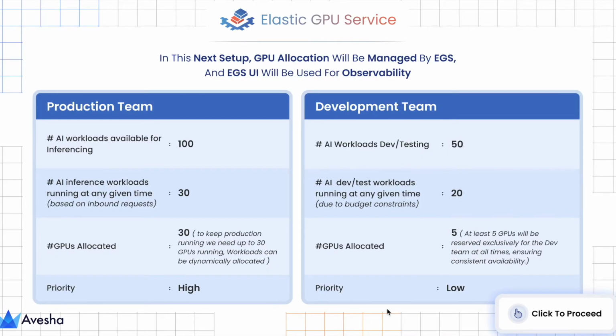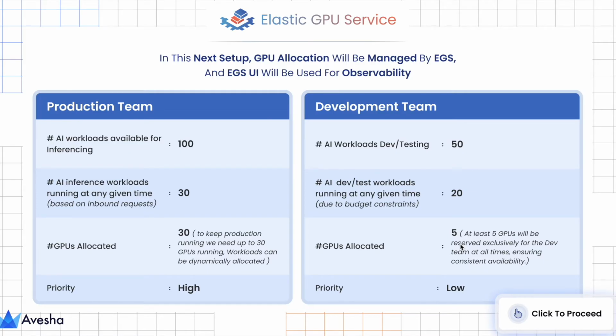Both teams will essentially share resources and let EGS handle the allocations. The production team still needs to make sure that they handle those 30 concurrent AI models, so EGS reserves 30 GPUs specifically for them. But what about the dev team? The dev team needs at least 5 GPUs available at all times to ensure that they can keep their critical tasks running.